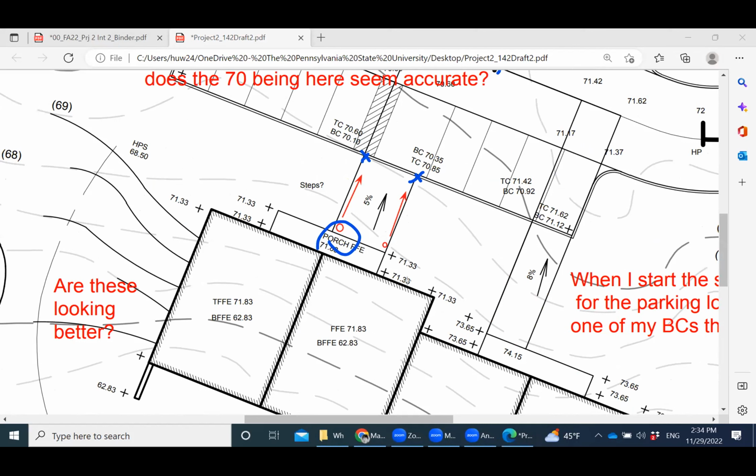If there's no steps, that means along this line it will be 71.83, if that's the case. So then you would have a 71 on the curve, right? Your 71 would be somewhere here.